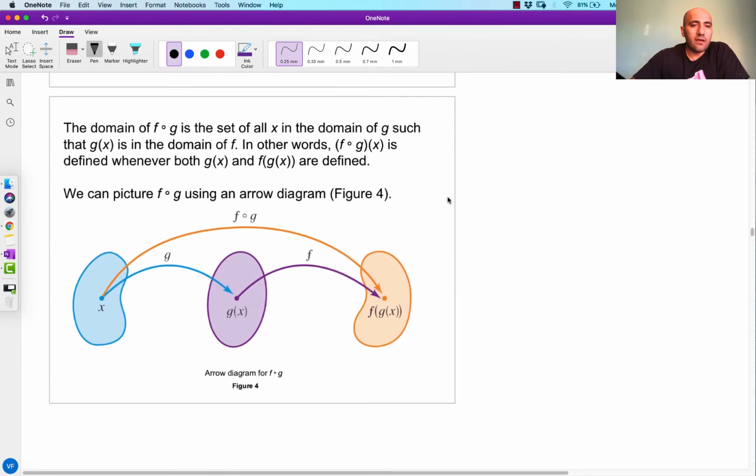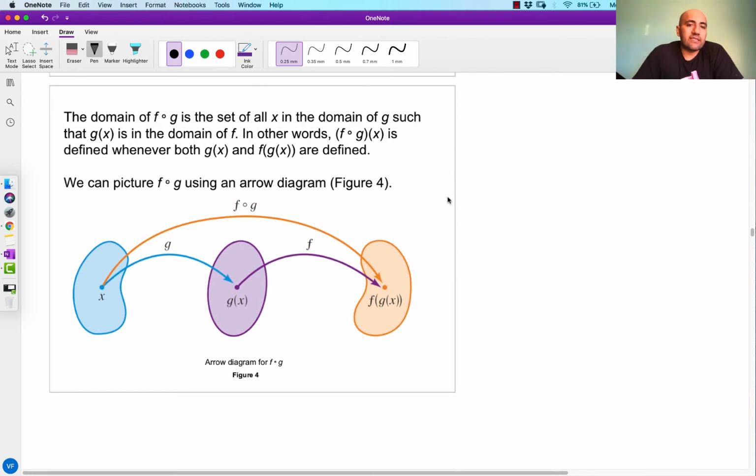Okay, so the domain of f composed with g is the set of all x in the domain of g, such that g of x is in the domain of f. In other words, f composed with g of x is defined whenever both g and f composed with g of x are defined. Okay, we can picture f composed with g using an arrow diagram such as this.